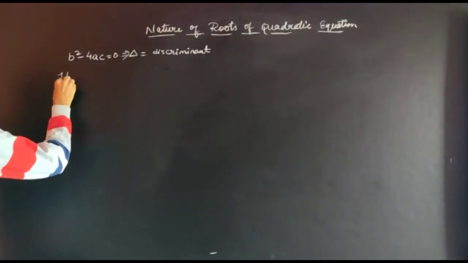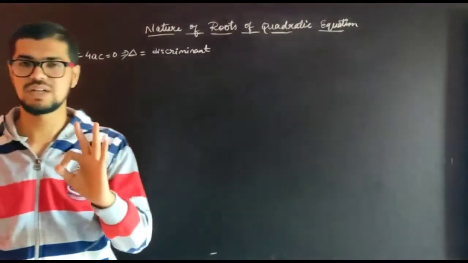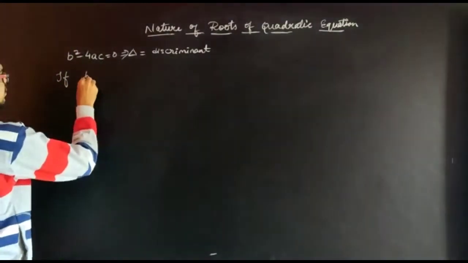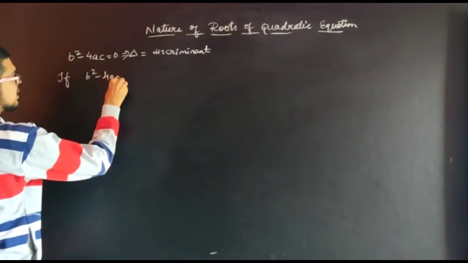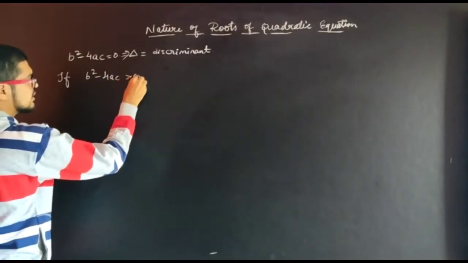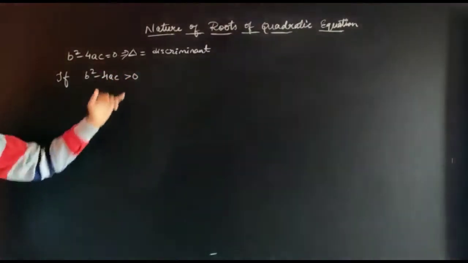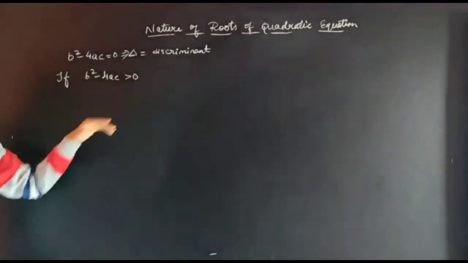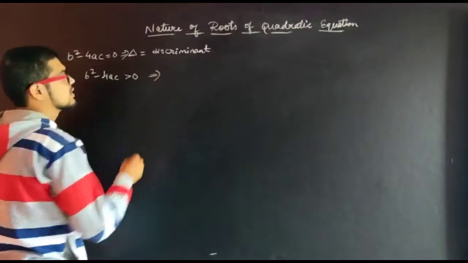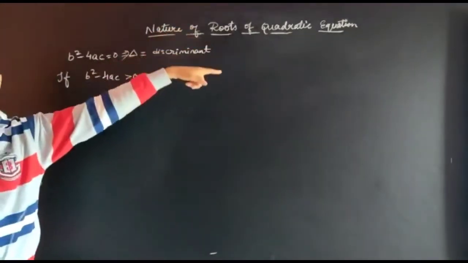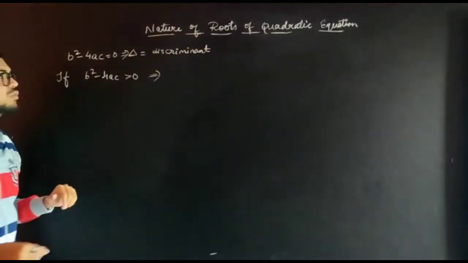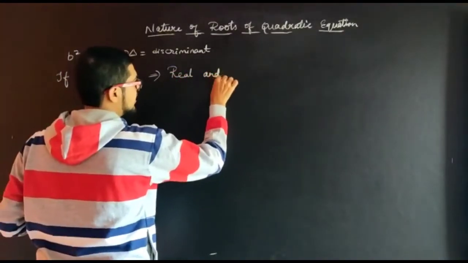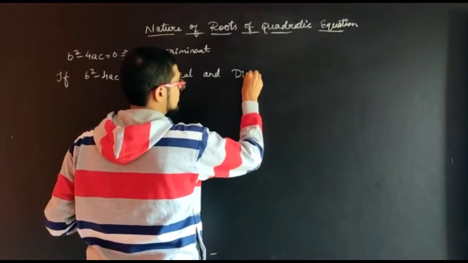We have three natures. The first nature is if b square minus 4ac, the delta or discriminant value, is greater than 0, then the roots are real and distinct.